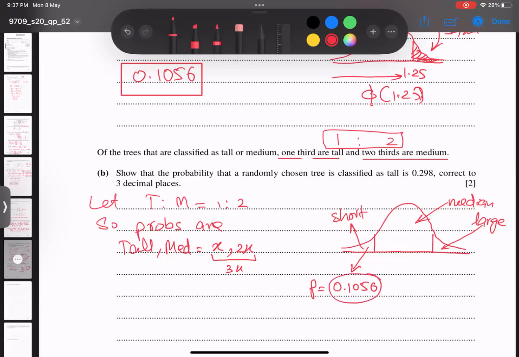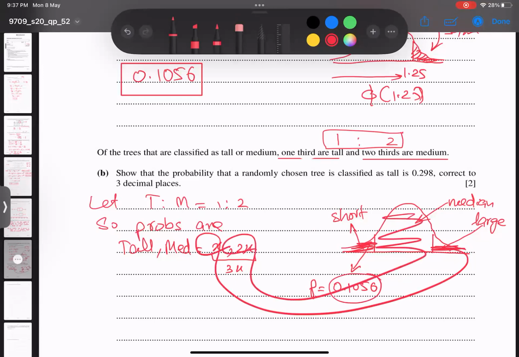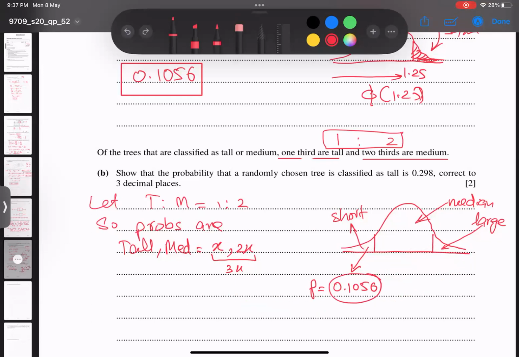So this probability on the left-hand side, and this is a single x on the right side, and a double x here. If I add them all, it will give 1. So let's start. Small 0.1056 plus probability of the medium, 2x, plus probability of the larger one, x, equals 1.